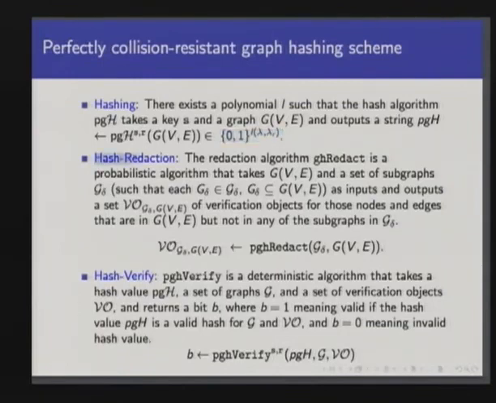This hash reduction function is similar to the previous hash reduction, that redacted graph is that part of the graph which is not returned to the user as part of the subquery result. This hash verification function, again similar to the previously discussed hash verification function, is executed by the user on the user side. So the user has the hash value of the original graph.